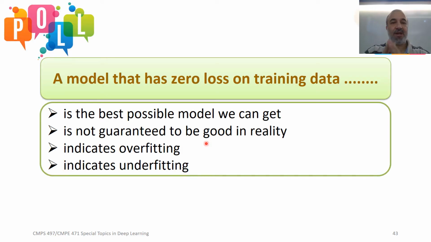Okay, quick question. A model that has zero loss on training data: think about this, please, before you answer. The options are: is the best possible model we can get, is not guaranteed to be good in reality, indicates overfitting, indicates underfitting.